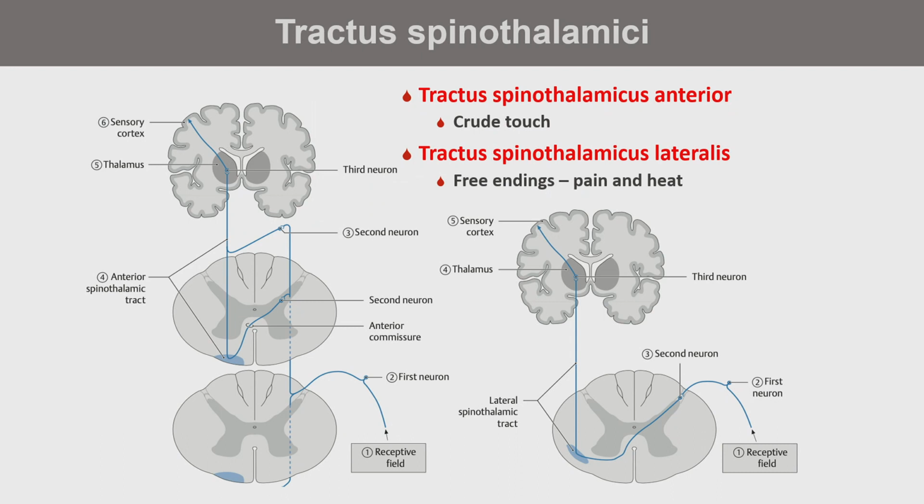So those tractus spinothalamici are leading this information, which is not perfectly distinguishable. But the second important thing is that they are crossed to the other side, and they are relayed at the level of the spinal cord, in the same or a different level, but the second neuron is ending at the level of the thalamus, and the third neuron is then going to the sensory cortex.